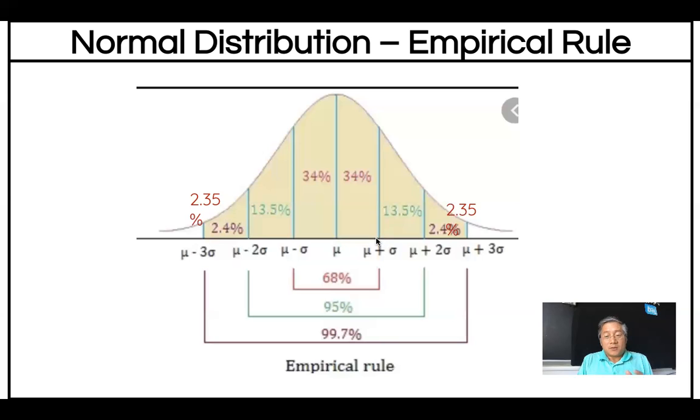Then, if we use two standard deviation distance, if we go farther to two standard deviations, how many percent of data will be there? 95% of all the data, all the scores, whatever, 95% of data are within two standard deviations. So if you subtract 68 from 95, then it will be 27%, right?